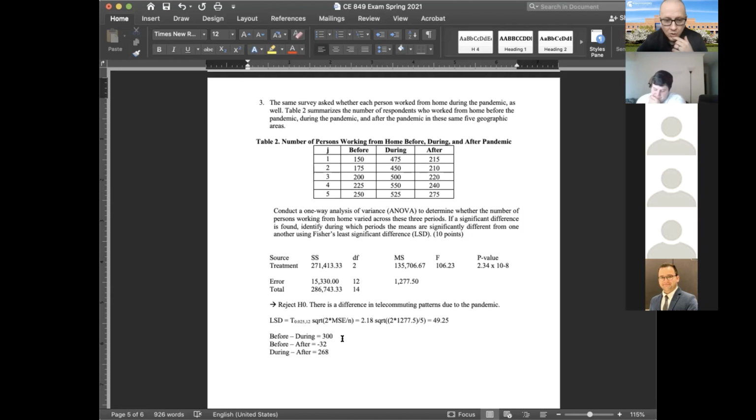And so we'd make each of these pairwise comparisons against the 49.25. And so we would say, yes, significantly different. No, not significantly different. And yes, significantly.